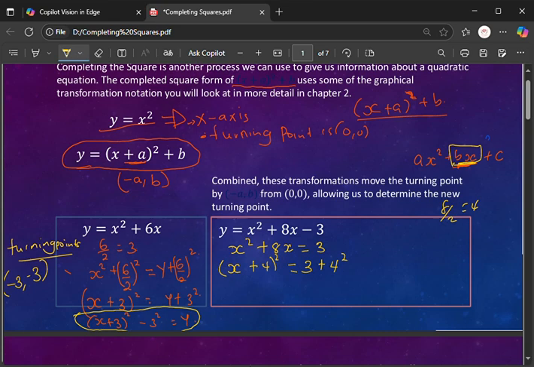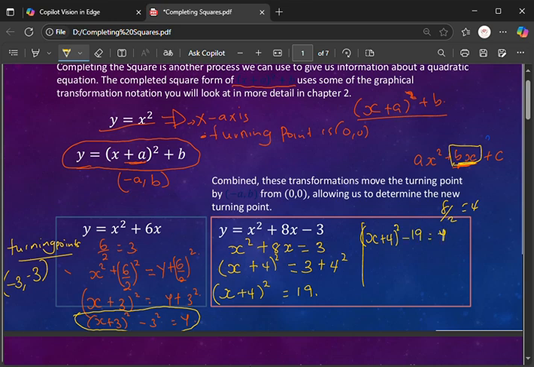Does that make sense? I hope it does. Alright, so let's simplify. This is x plus 4 squared equals 19. Does this make sense? And then you can now say x plus 4 whole squared minus 19 equals y.